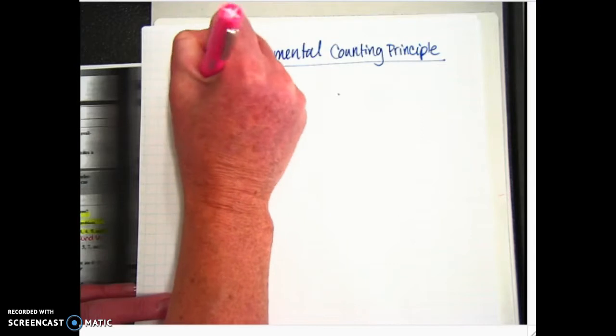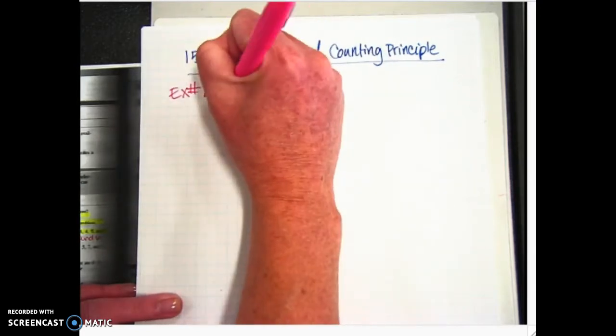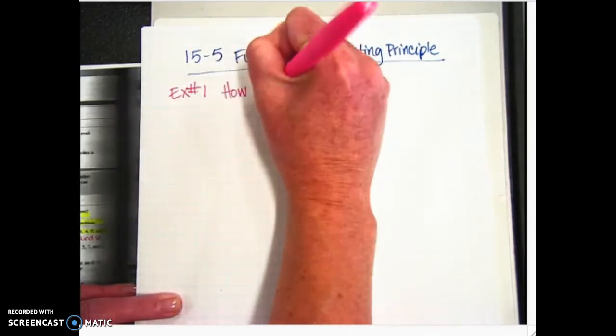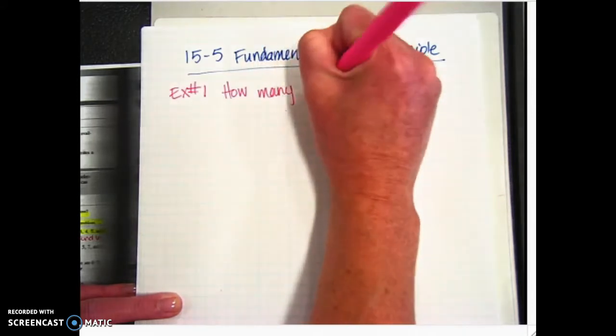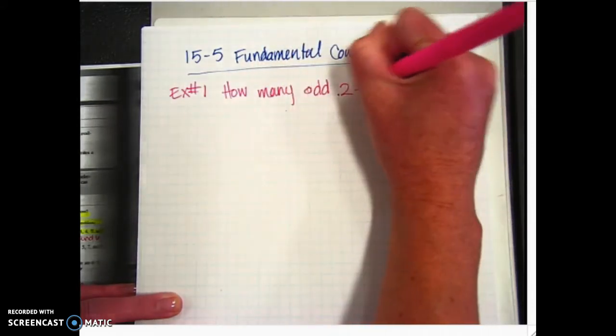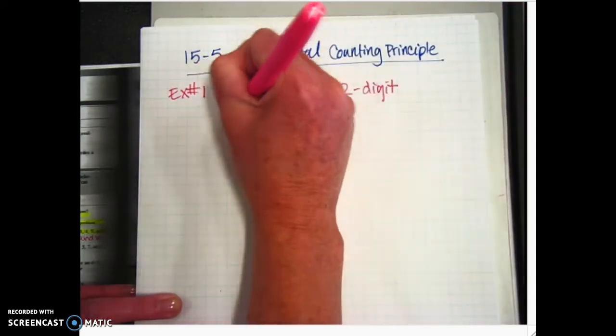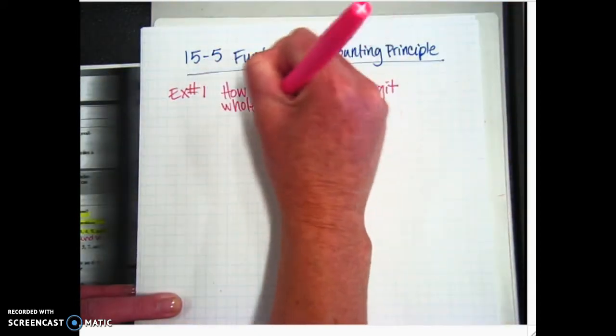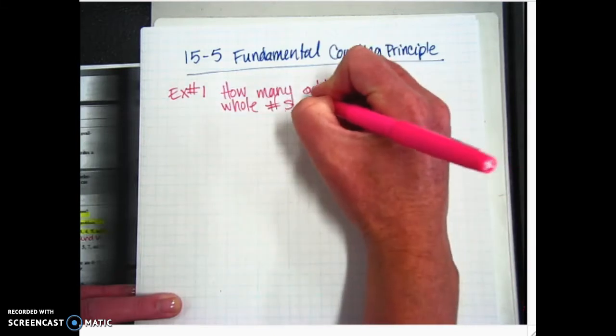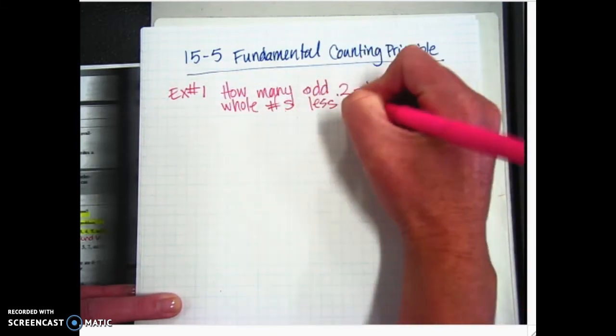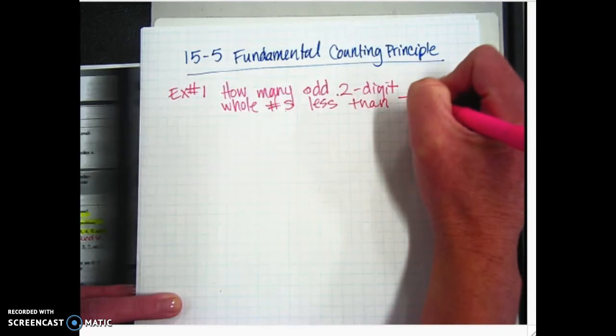Example number 1, we're going to see how many odd 2-digit whole numbers there are that are less than 70.